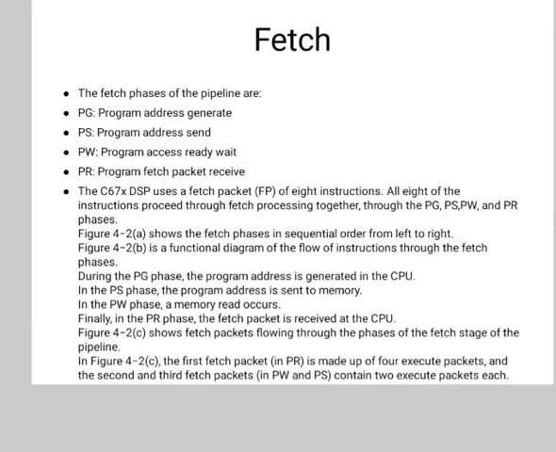So in the fetch operation, this processor uses 8 instructions in a fetch packet. The 8 instructions are fetched from the memory through 4 phases. The fetch phase is subdivided into the following phases: PG, that means program address generate; PS means program address sent; PW means program access ready wait; PR means program fetch packet receive.